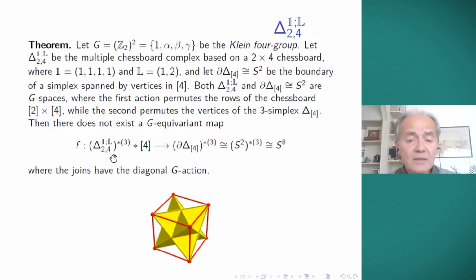It says that there does not exist an equivariant map from this generalized chessboard complex, which I haven't had time to talk about, into this sphere. And I just want to emphasize here that these are perfectly concrete chessboard complexes, similar to what Gane explained in her lecture.